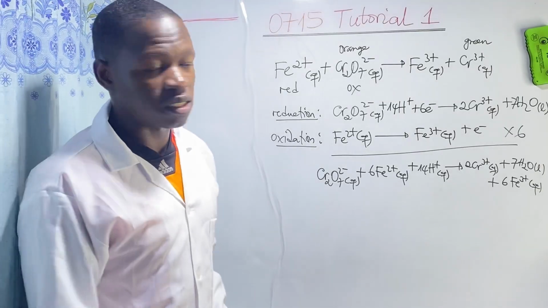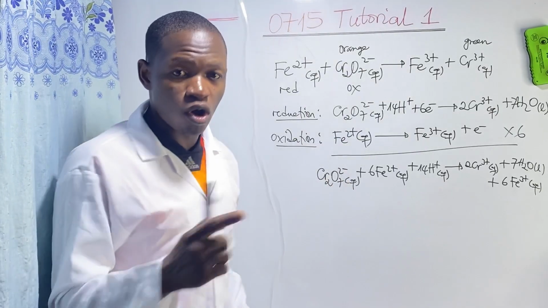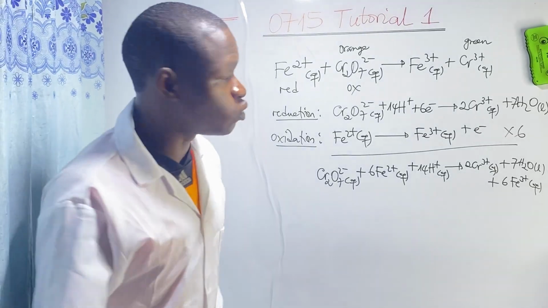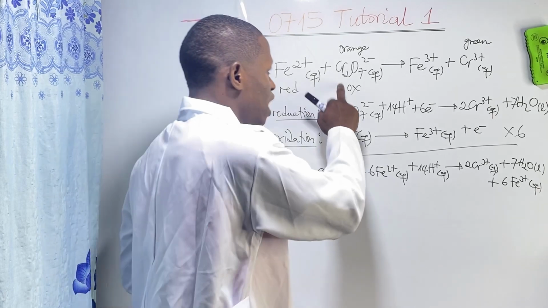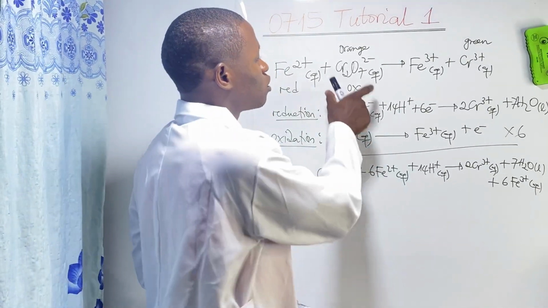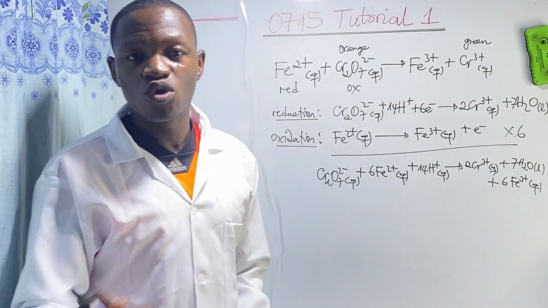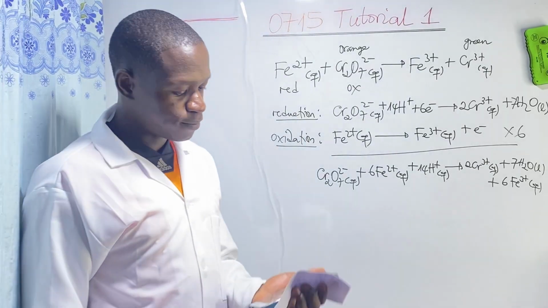What do you observe in the process? What we observe is that the orange dichromate solution is converted to a green solution. Why does it become green? Because dichromate is reduced to chromium 3 by the iron 2 solution.